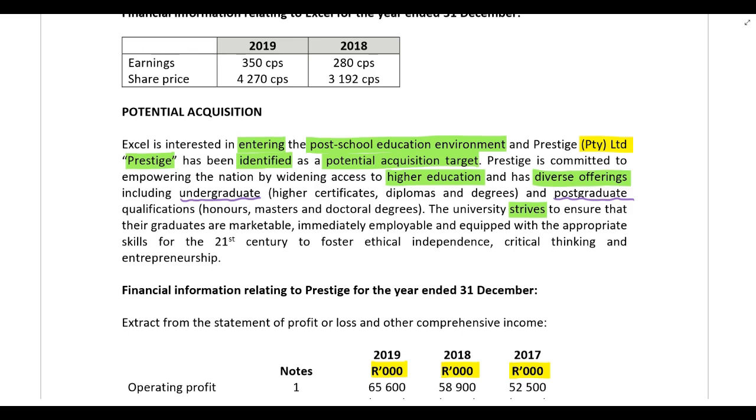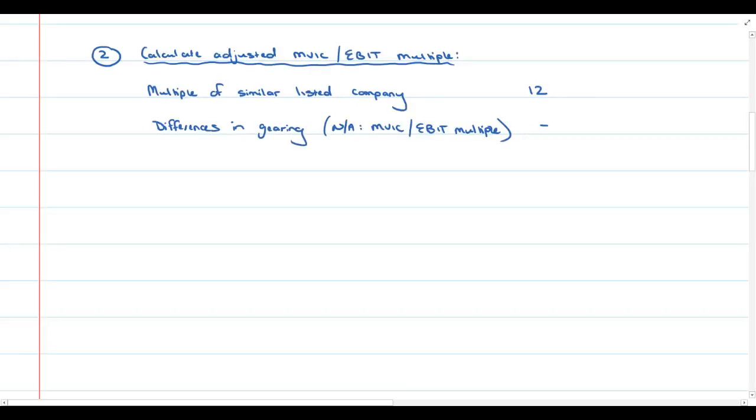Okay. However, access to finance, that's definitely an adjustment that we need to make. It will always be more difficult for a private unlisted company to raise new finance than it is for a listed company. That's the whole reason why companies list, so that they have easier access to finance. So that is an adjustment that we are going to have to process over here. Prestige is not listed, so they will find it more difficult to raise finance compared to the similar listed company.